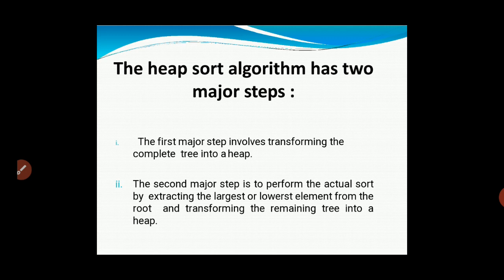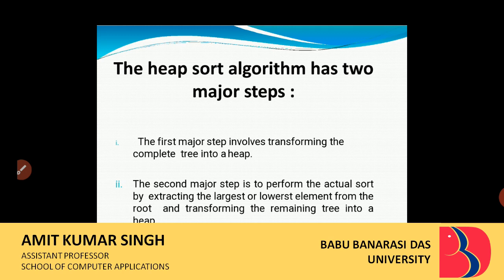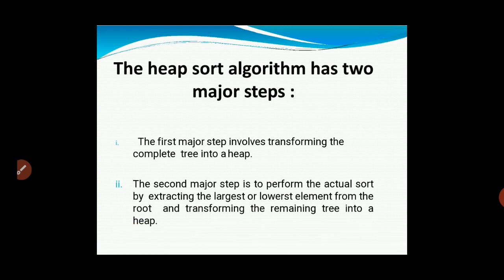In the second step, the sorted array is created by repeatedly removing the largest element, which is called the extraction of the value from the heap. After extracting the largest value, it is inserted into the array, and the heap is updated after removal to maintain the heap property.